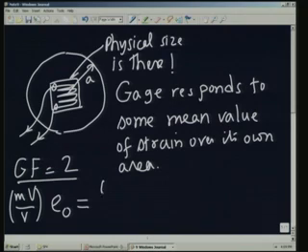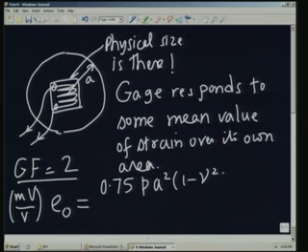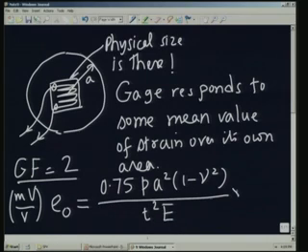This is given by 0.75 P A squared into 1 minus nu squared divided by T squared multiplied by E, into 10 to the power of 3. So many millivolts per volt. Okay.